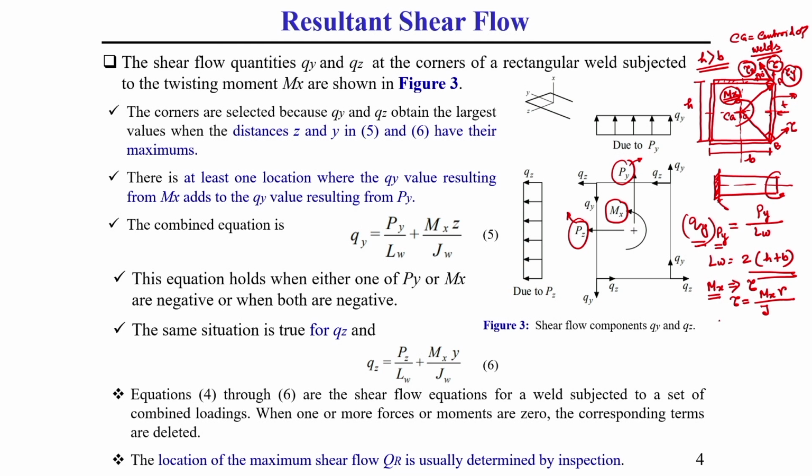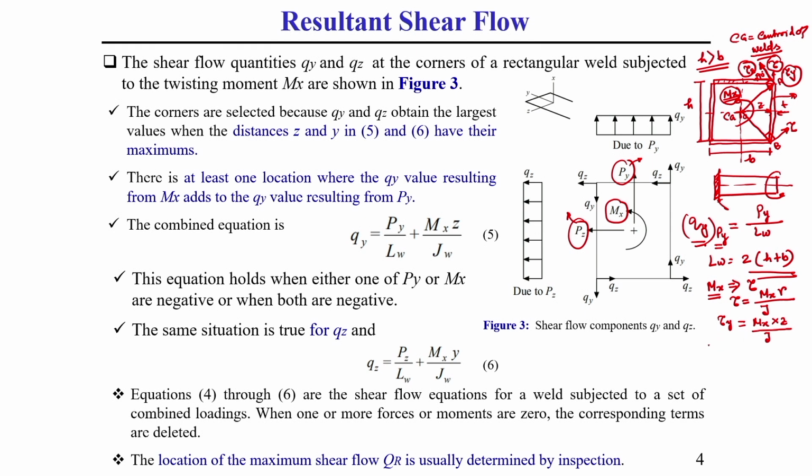So, corresponding to this tau y, directly I am writing here, tau y will be Mx into r, where r is the perpendicular distance from CG to that tau y line of action. Here generally the tau y line of action perpendicular distance is z, let us consider it is z. So, z by J. What is J? J is the total polar moment of inertia of all 4 welds, whatever the 4 side welds are there. You should keep this in mind.